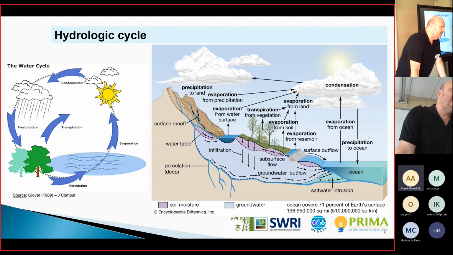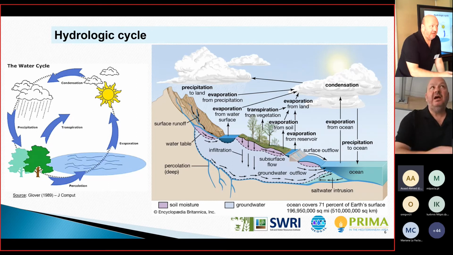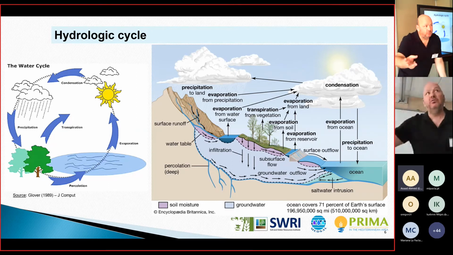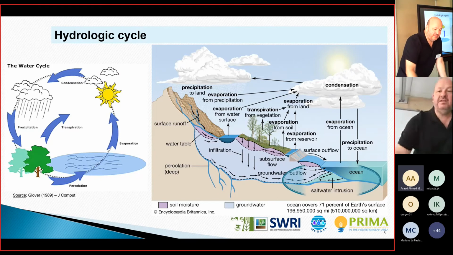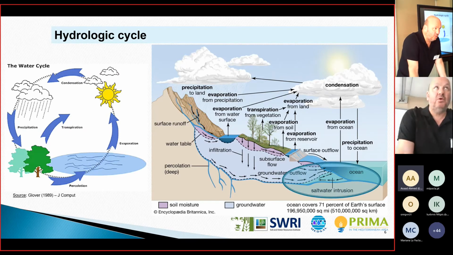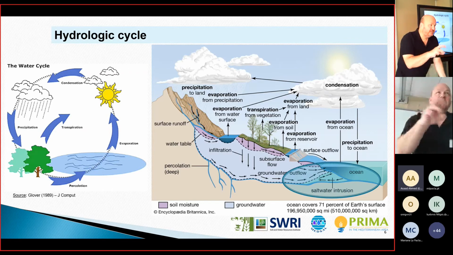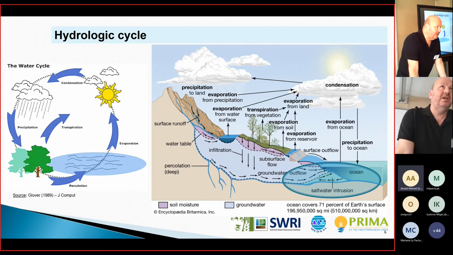If an aquifer is close to the ocean and hydraulically connected with it, the aquifer will outflow to the sea, but the sea will also intrude into the aquifer. And this is actually our subject for today, saltwater intrusion in coastal aquifers. From all these components of the hydrological cycle, we will discuss today saltwater intrusion.